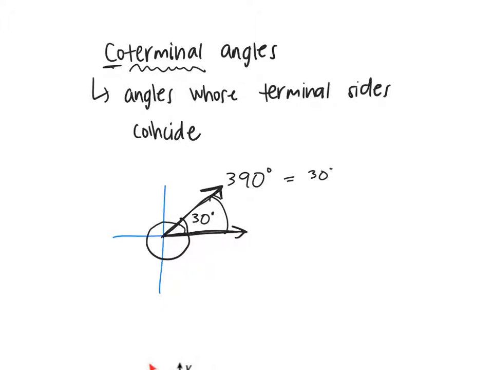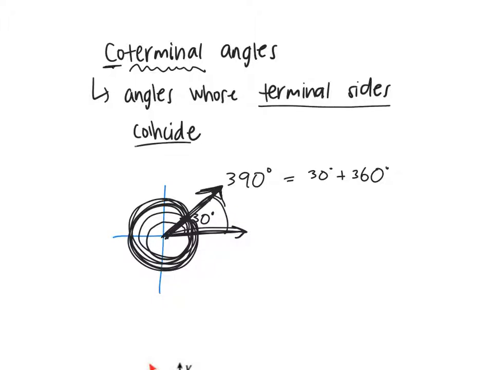So 30, and then if you go another full rotation, that would end up at the same spot, right? So that would be 360. I could keep adding. I could go another 360, right? Do you see how I can start here? I can go 30 and then go 360 and then go another 360 again, end up at the same spot. I can go an infinite number of more rotations or revolutions and end up at the same terminal side. They all coincide. I could even go in the negative direction, right?